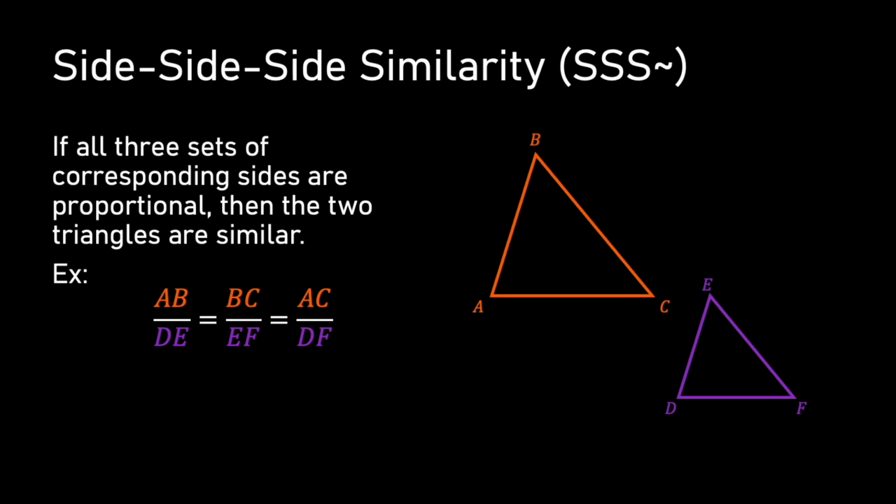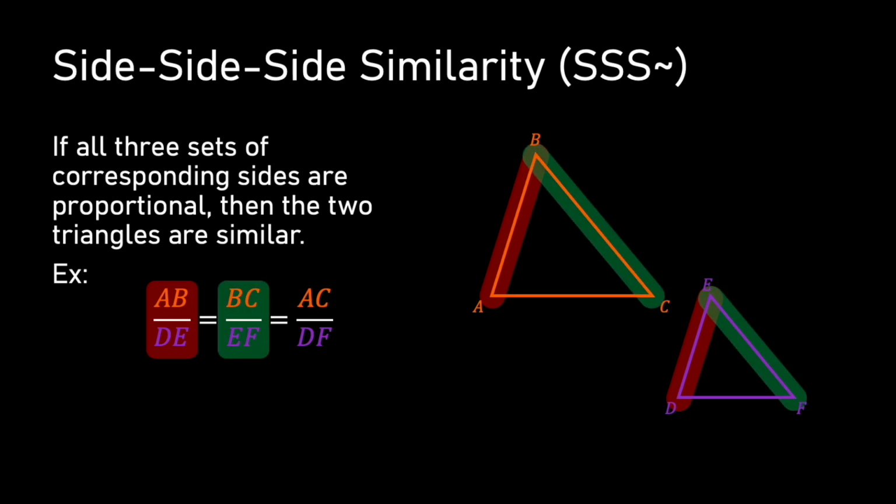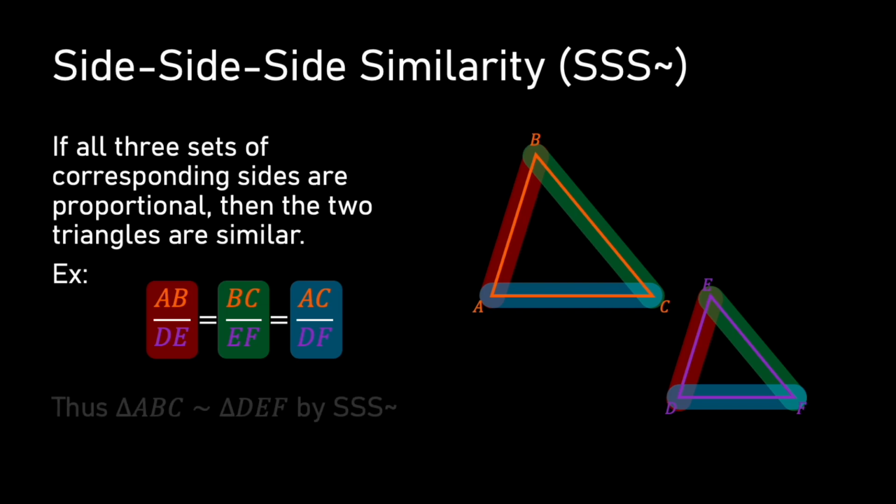Also notice that each individual ratio is made up of two corresponding sides. For example, AB corresponds to DE, BC corresponds to EF, and AC corresponds to DF. So because each ratio of side lengths is equal, the two triangles are similar by side-side-side similarity.